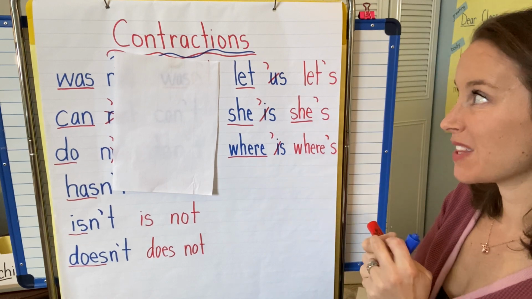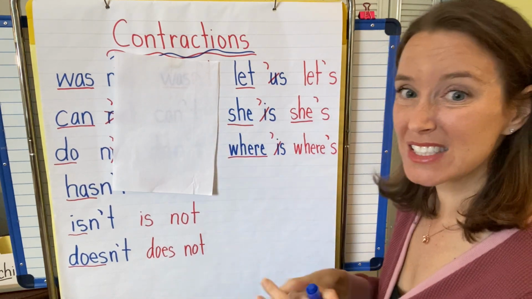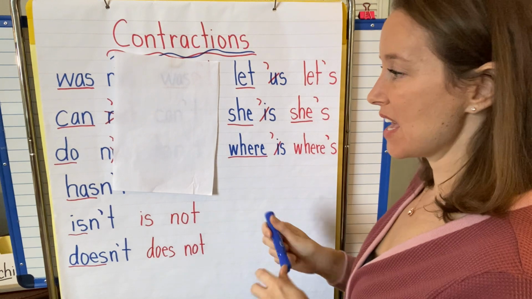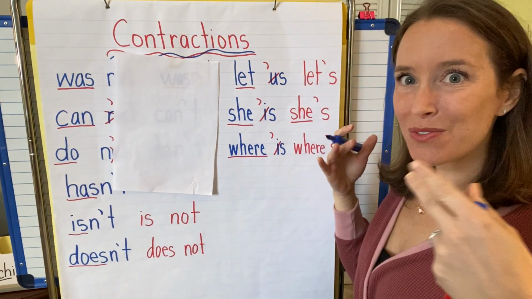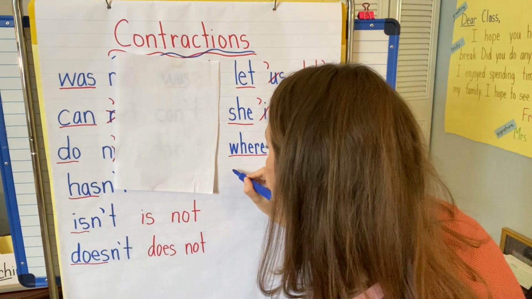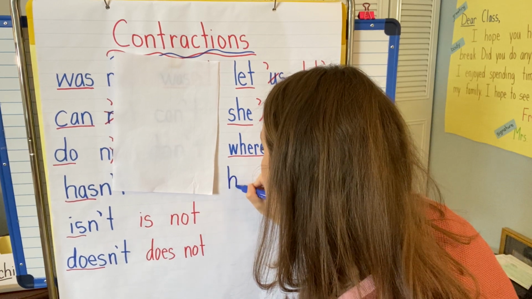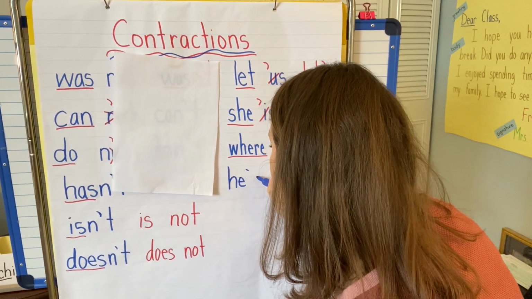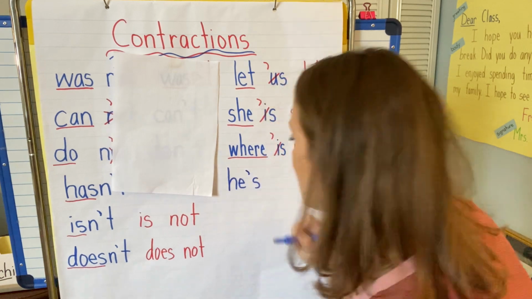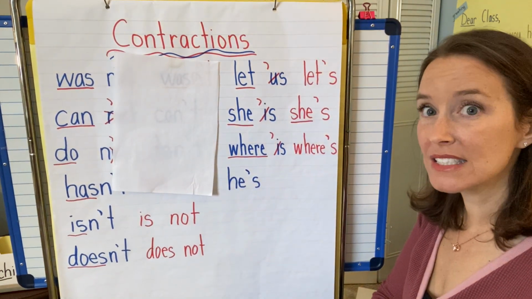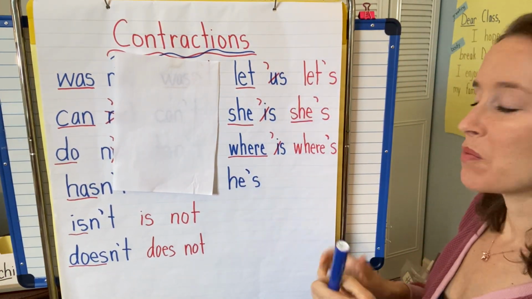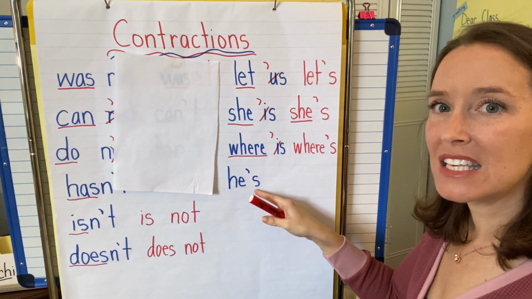Now we're going to do it the opposite way like we did on this side. I'm going to give you a contraction and we're going to see if we can separate it. So what if I said he's? He's coming over. What word do you see in this word he's?